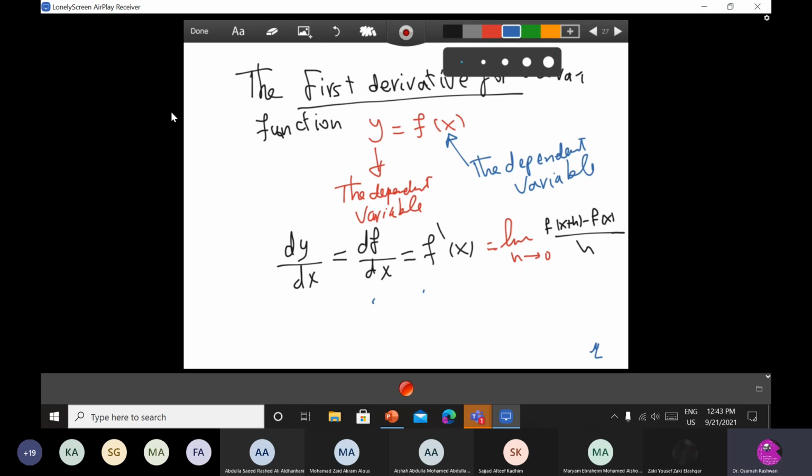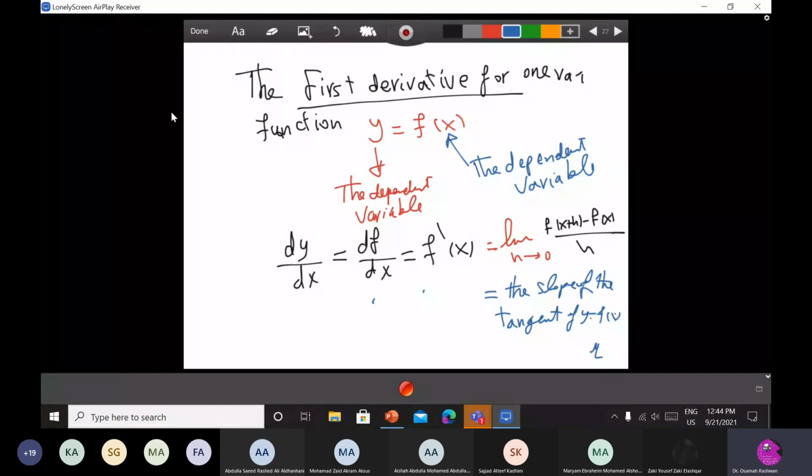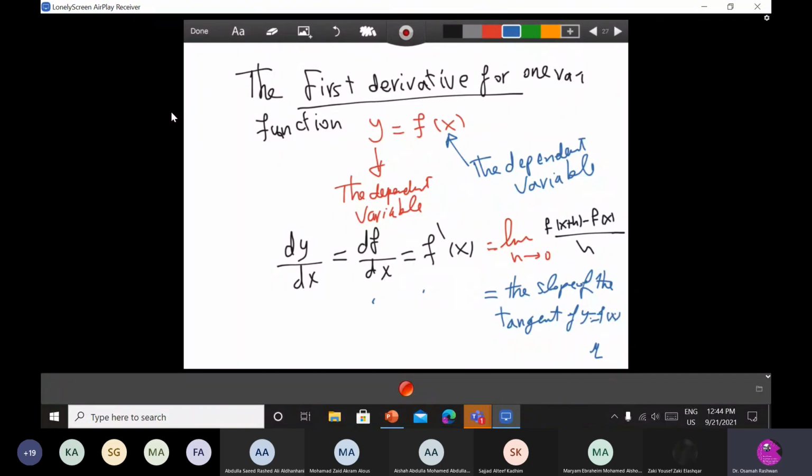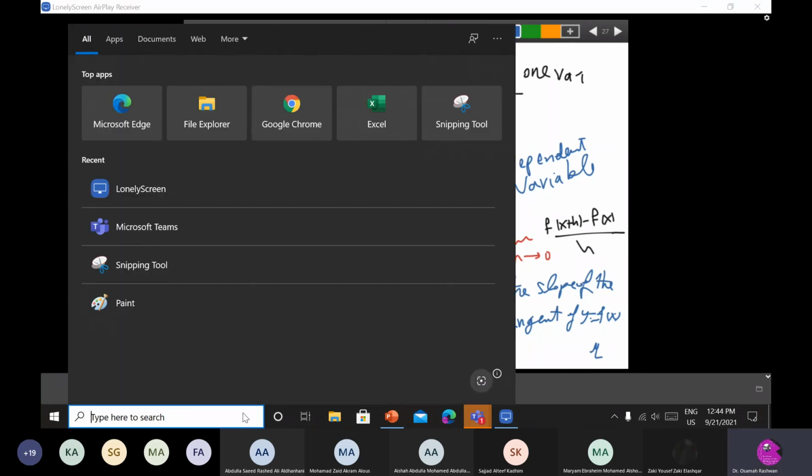What is the meaning of the first derivative? This is exactly like the slope of the tangent of y equal to f of x, right? We don't like to use this definition all the time, right? Okay.